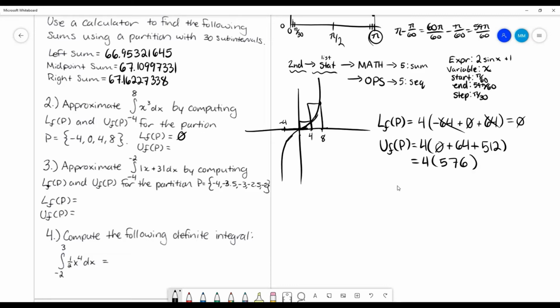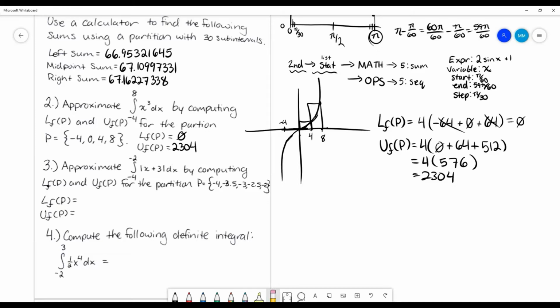That's pretty big. So this is a very big difference in our over and underestimate here, and that's probably because it's such wide intervals, so subintervals there. And that equals 2304. So the actual integral is somewhere between these two. This is what we just found.